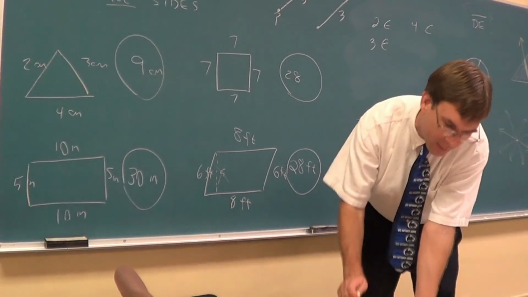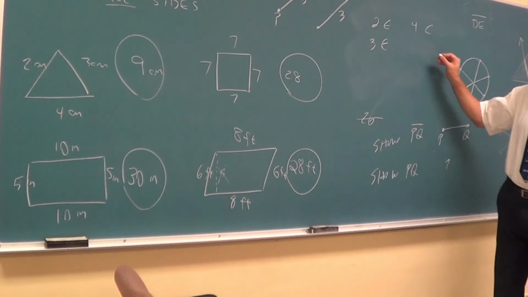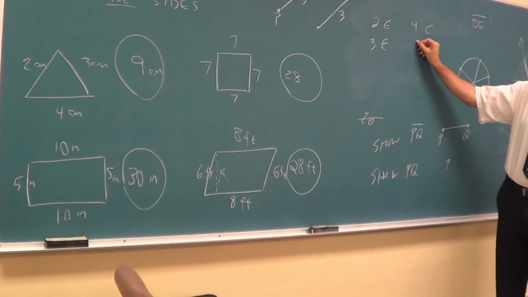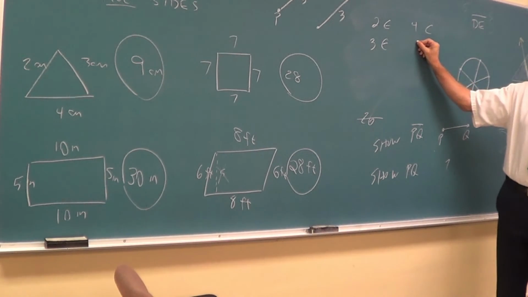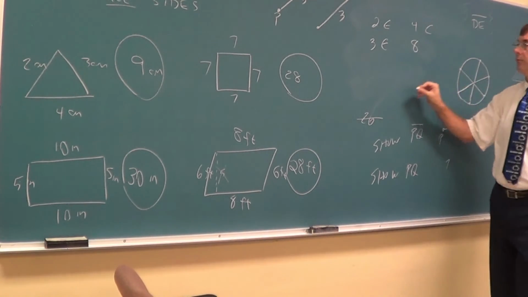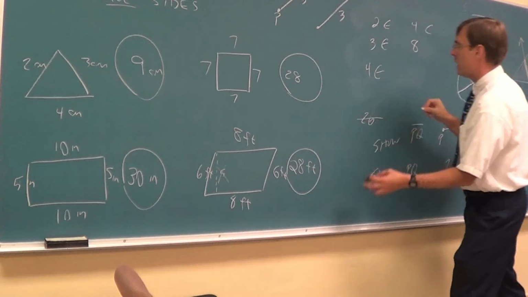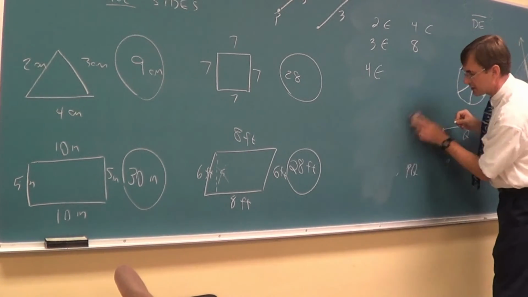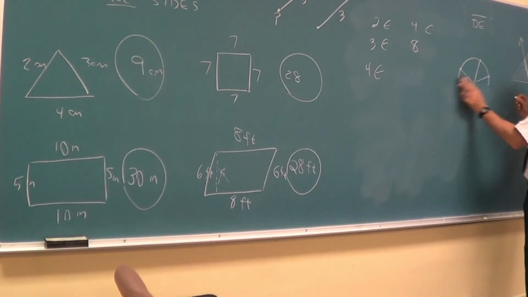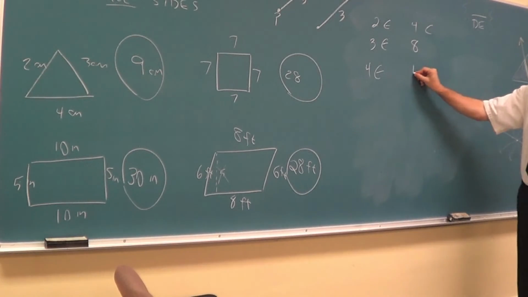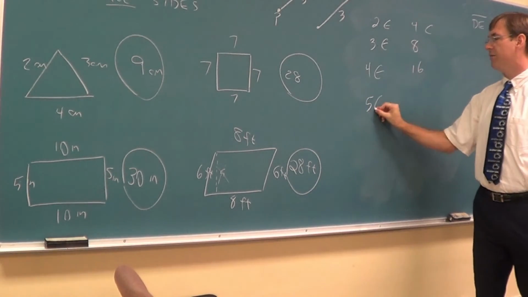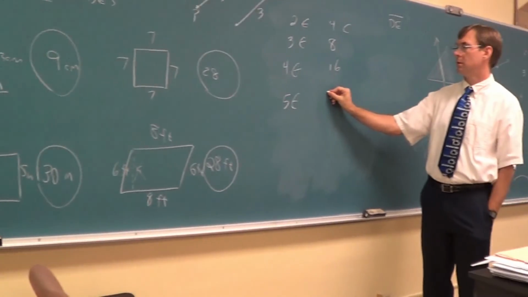In 10A, how many subsets did you create? 7. No, that's close though. 8. If you had 4 elements, anybody have a guess about how many subsets there should be? 16 is true. If we had 5 elements, 32.